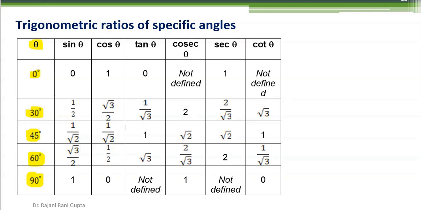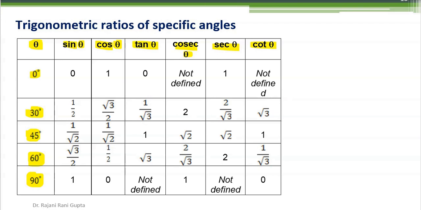If you look at the first row, it tells you, at a particular angle, what is the sine value of that angle? Similarly, what is the cosine value of that angle? Tan, cosecant, secant and cot are also given in a similar way.